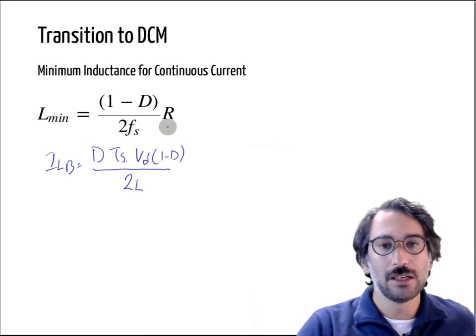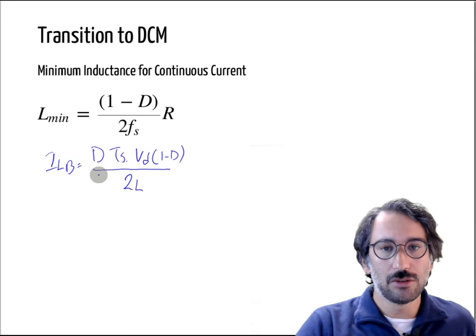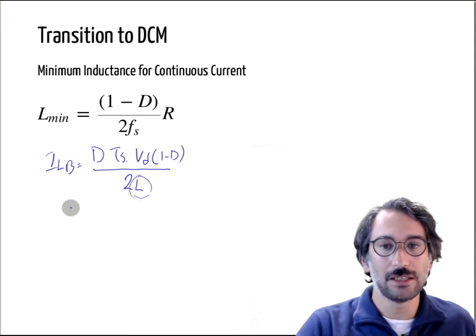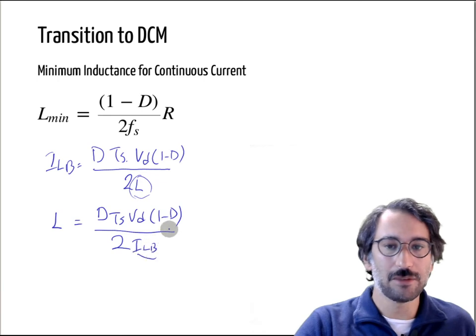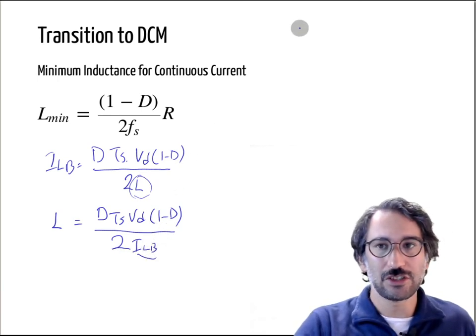So let's derive that equation. Here I would like to get a relation for L. So let's move L here, and I have D TS VD 1 minus D divided by 2 ILB. And remember, this was the average current.